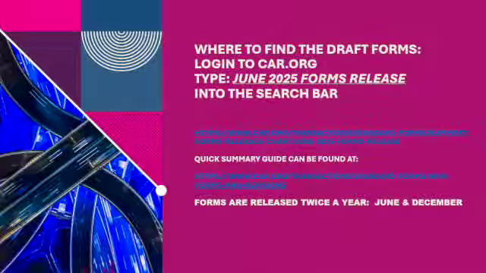As we get started, we did pass out copies of the quick summary guide, which has a list of all of the new and updated forms for your reference. If you didn't get one, don't fret, because on my slide I have the links to grab that quick summary guide, maybe to pass out to your agents at your office.